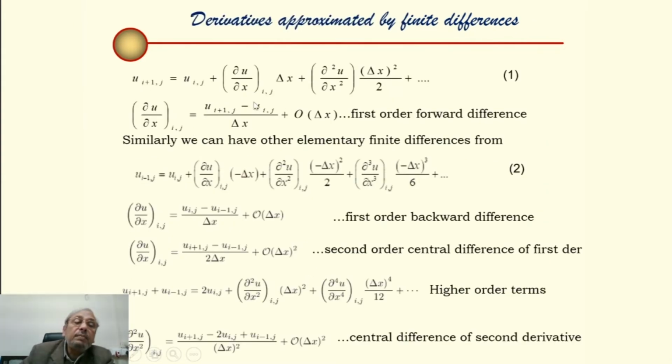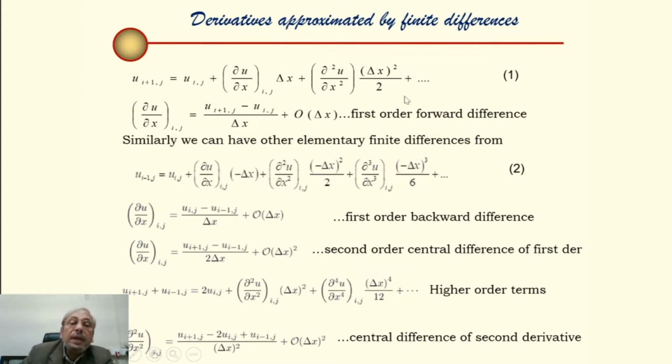For example, u at i+1,j is u_ij plus del u/del x at ij into delta x, plus del 2u/del x2 at ij into del x square by 2, and higher order derivatives subsequently will appear. We have for the time being neglected.